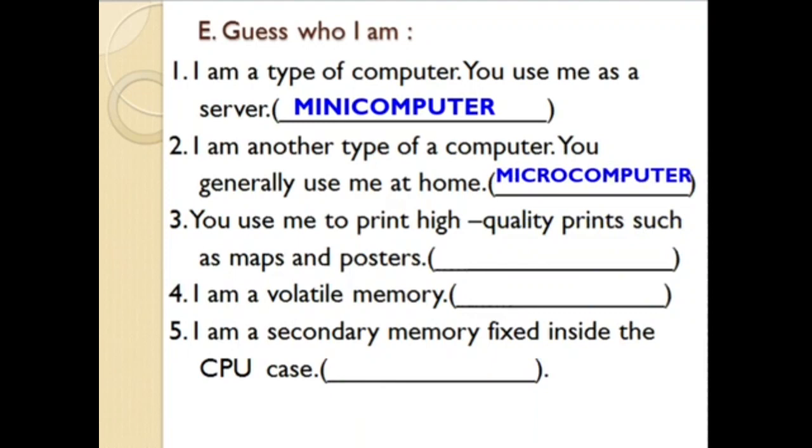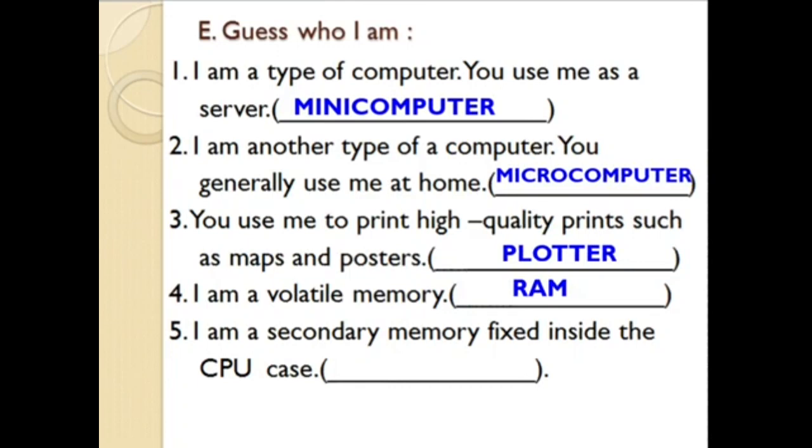You use me to print high quality prints such as maps and posters. What is that? Plotter. I am a volatile memory. RAM. I am a secondary memory fixed inside the CPU case.